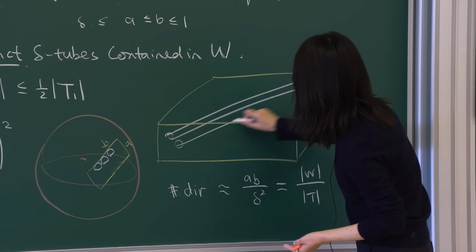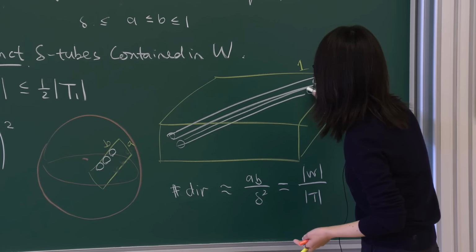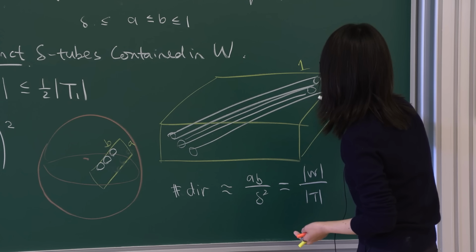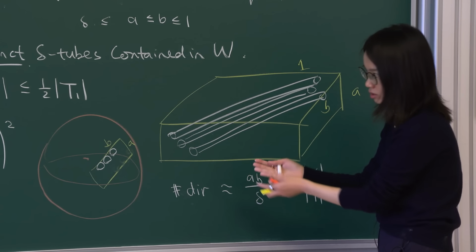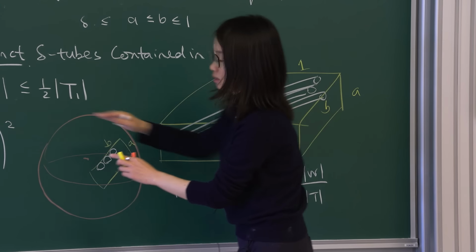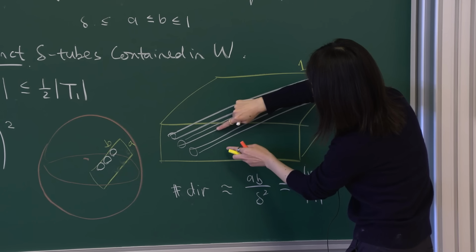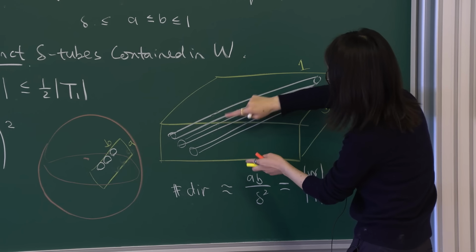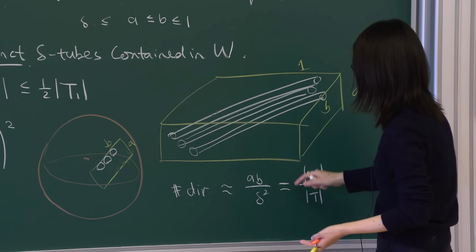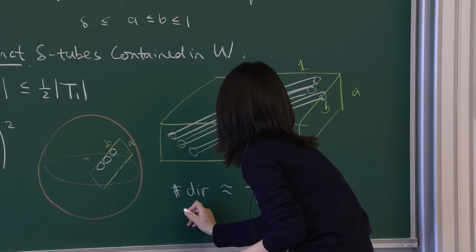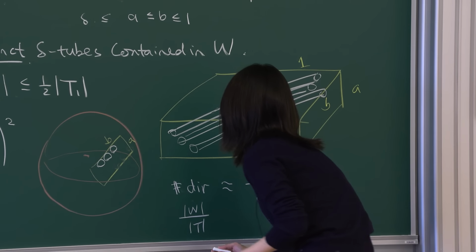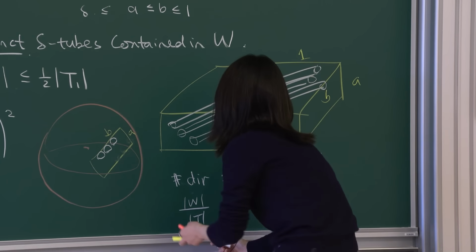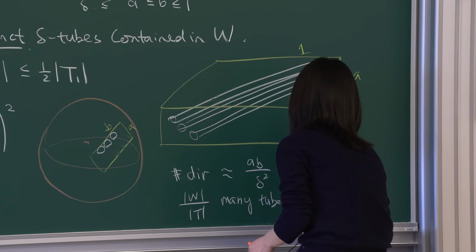And then for each direction, how many can we pack? We can pack parallel tubes, because if they have distinct directions, they are by definition distinct, and in the same direction, disjoint parallel tubes are also distinct. So this gives us also the volume of W over the volume of T many tubes per direction.